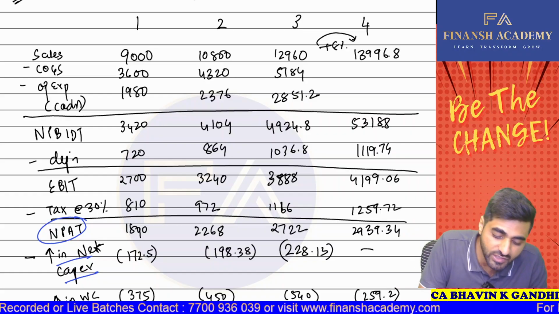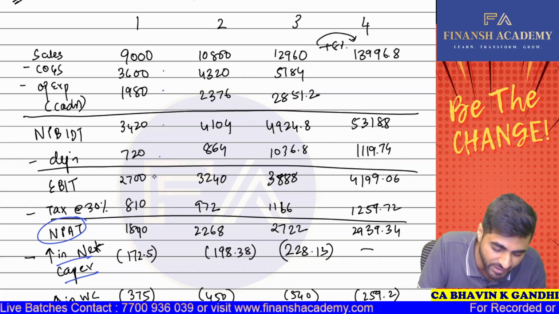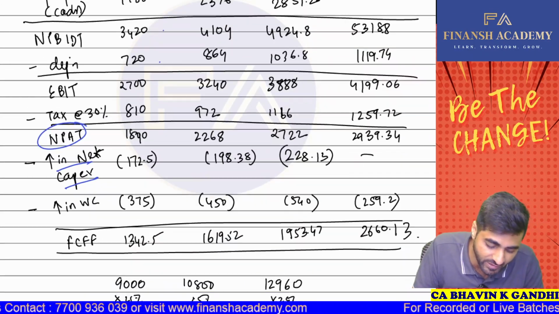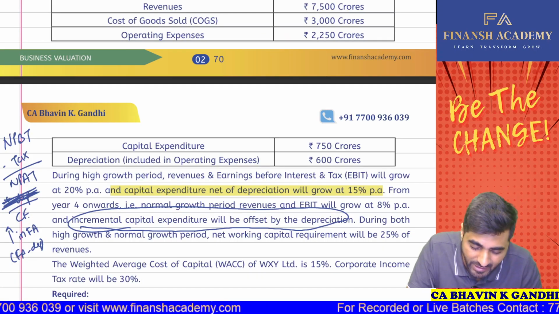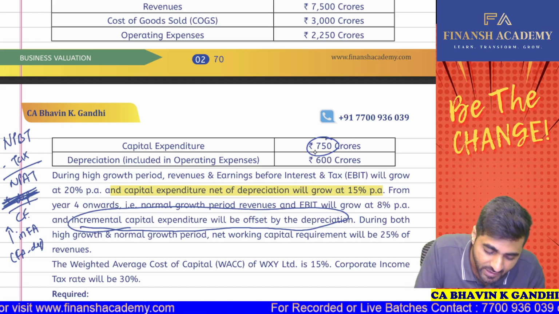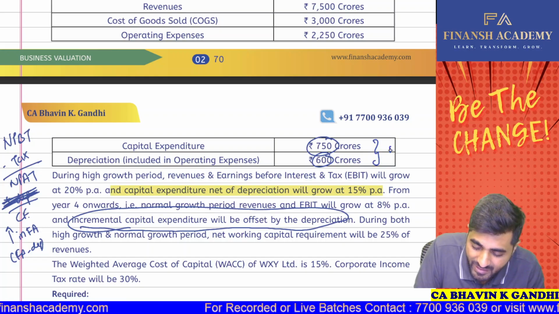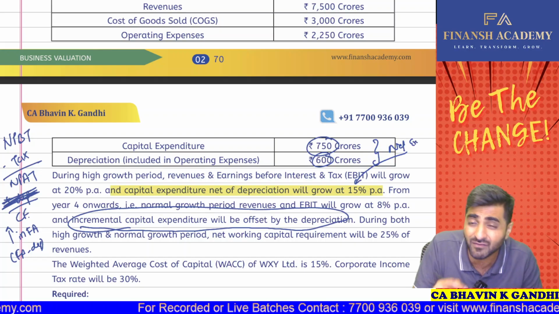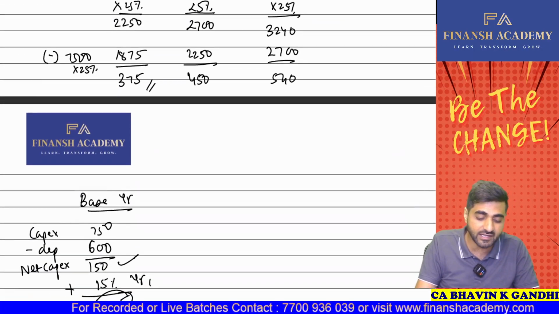So this will be your sales, COGS, operating expenses, 3420, whatever is the depreciation, tax rate, NPAT, increase in net capex, and then increase in working capital, your FCFF. For the increase in net capex, they have given you the data on by what percentage it is increasing. So see here, it is 750 crores. Depreciation is 600 crores. This will give you your net capex. And this net capex, my dear students, we are going to increase by 15% to get the answers. That is how your increase in net capex will be done.